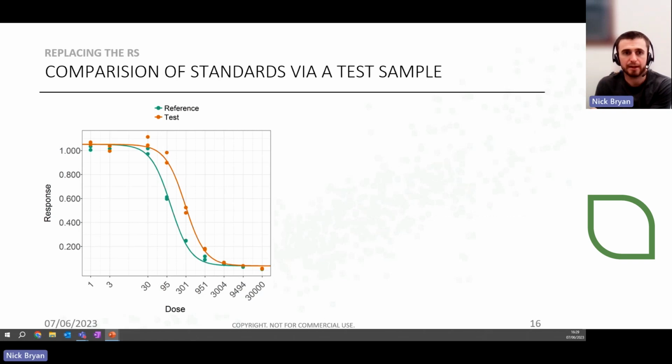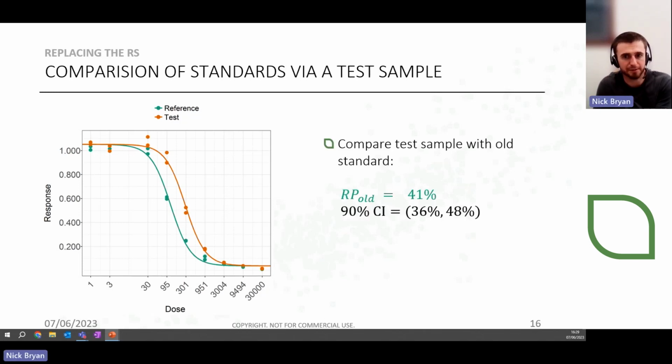We'll have a look at what the impact of a change in the reference standard material could actually be. So in this plot here, we've got our standard 4PL dose response, and we've got our primary reference standard in dark green, and we've got a test sample in orange.